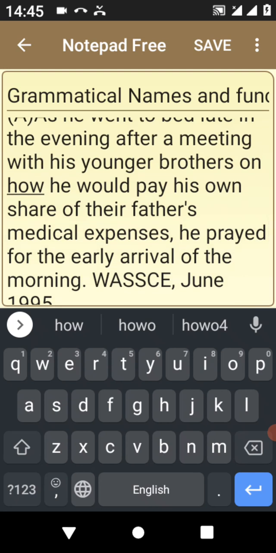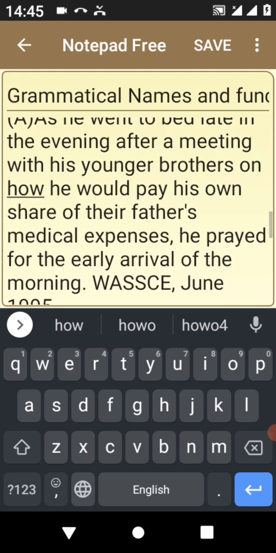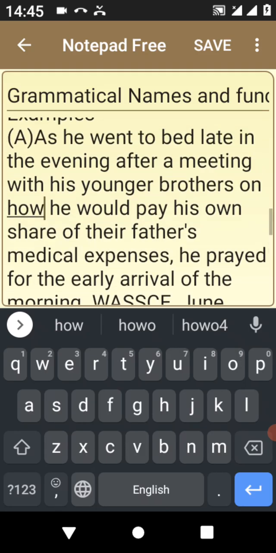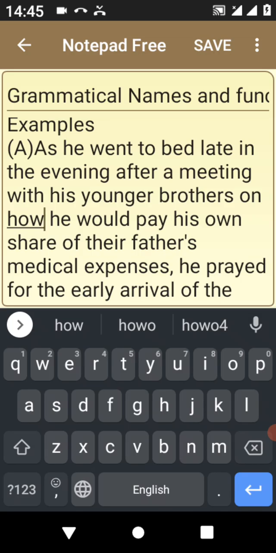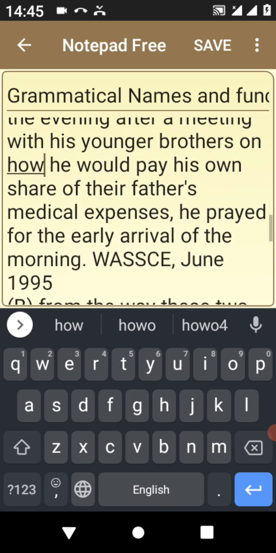Now, if you look at it, it's a very long sentence, and that sentence has a combination of subordinate and main clauses. As he went to bed late in the evening is a clause. After a meeting with his younger brothers on how he will pay his own share of their father's medical expenses is another clause.